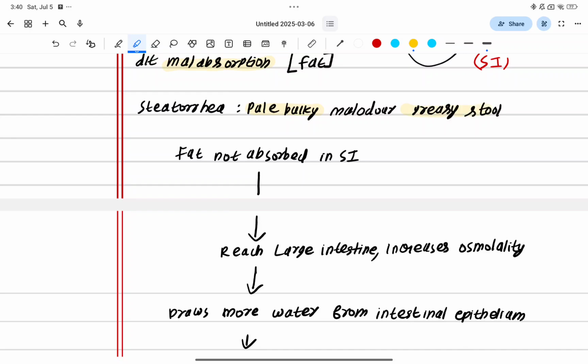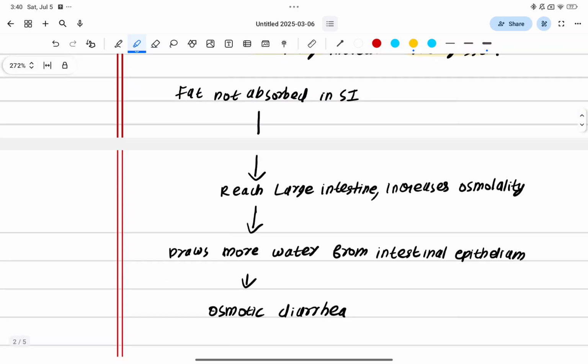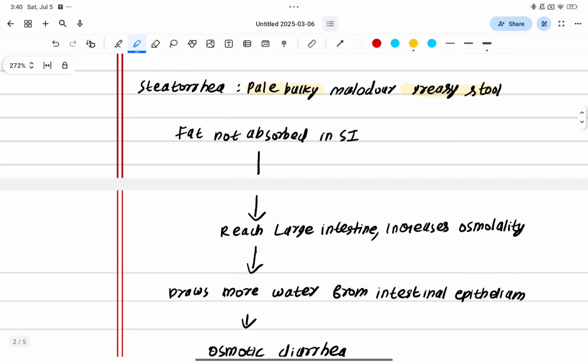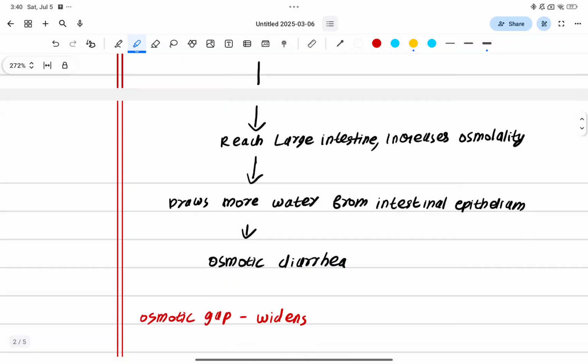But the patient will not come to the clinic with this problem. He will present with diarrhea only. And why, in malabsorption of fat, is the patient presenting with diarrhea? Let us see. Fat is not absorbed in the small intestine, so it reaches where? Of course, the large intestine. So the solute content increases, so the osmolality increases.